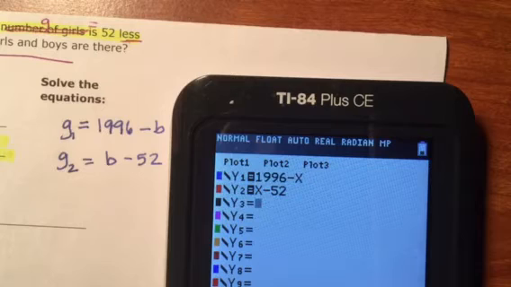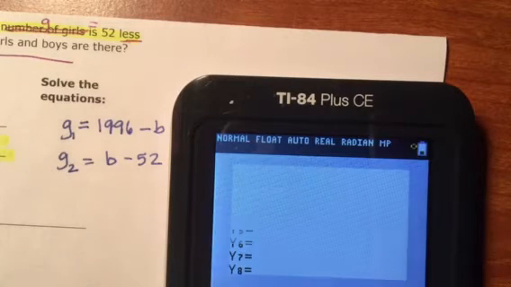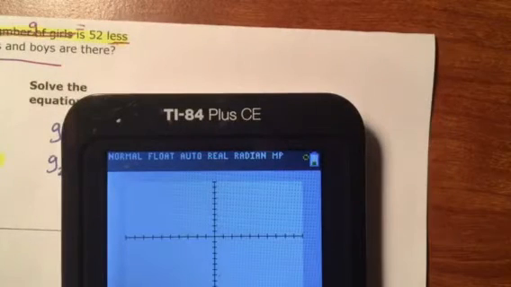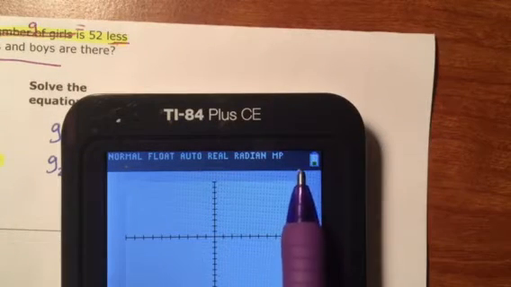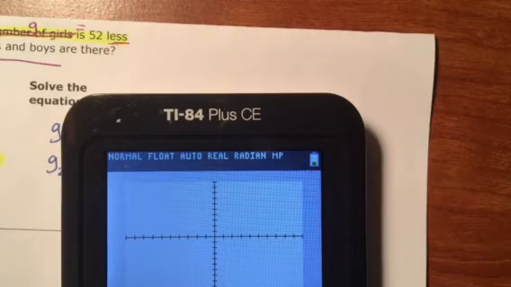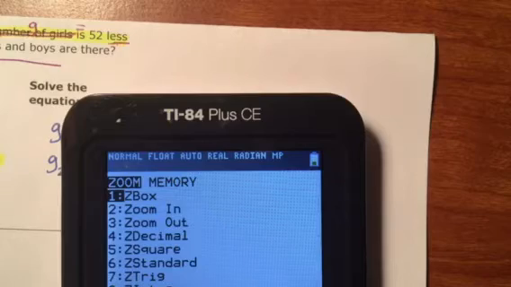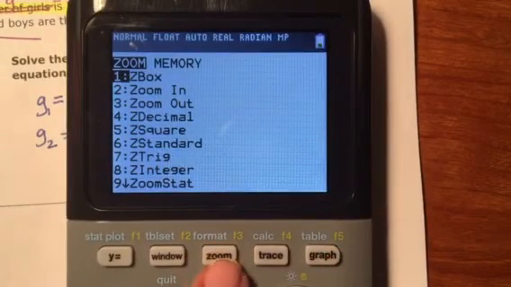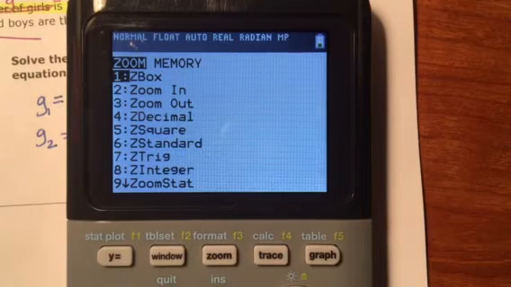Now we press graph, and we want to make sure we can see the two lines intersect. Hopefully you can see that little circle stop twisting, which means it's not working anymore, which means we cannot see the intersection. So we have to press zoom, and we're going to press 3 because we're going to zoom out.